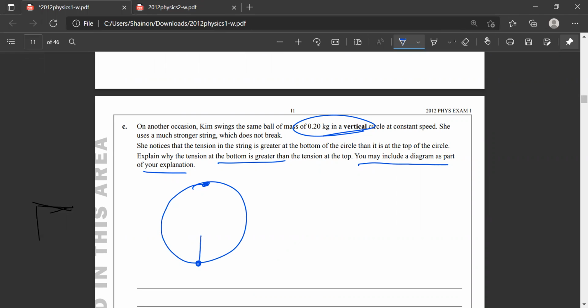At the bottom, normal force is greater than the weight force, and this normal force is equal to tension. At the top, it's going to point inwards, and the normal force is going to be less than the weight force.